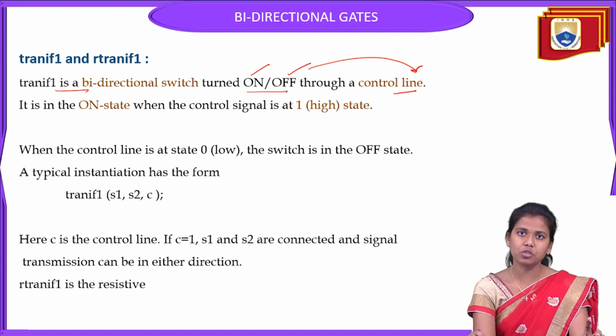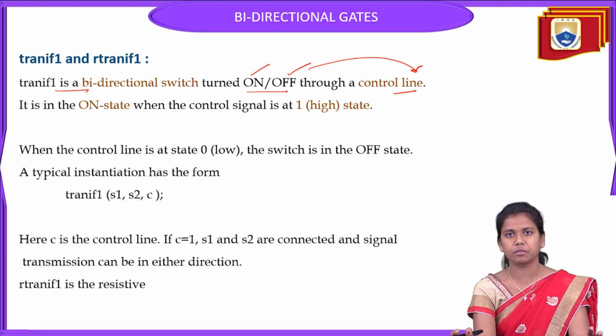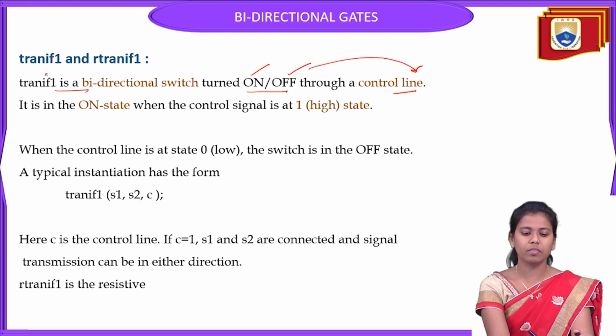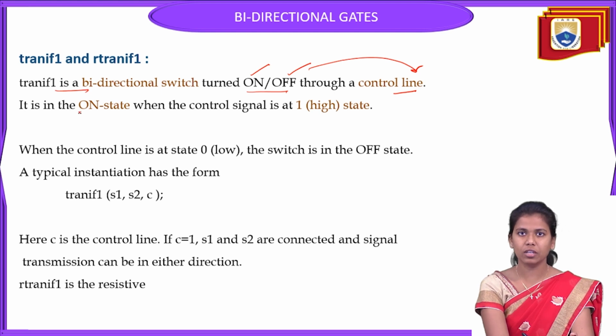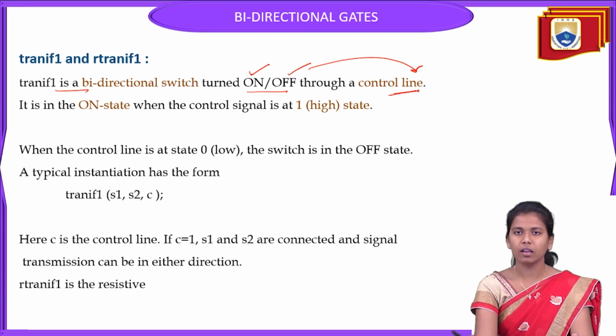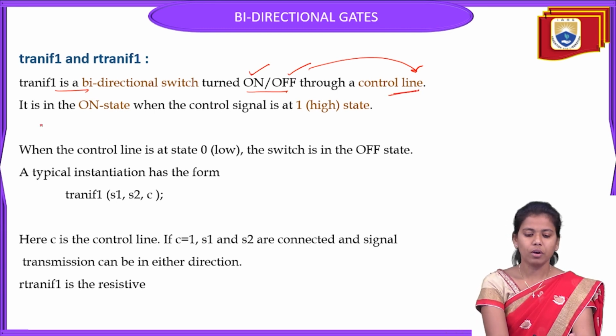In the basic PMOS and NMOS transistors too, the switching takes place based on the control lines. Likewise, Tranif1 and Tranif0 are bidirectional gates, and the switching between on and off is based on the control line. It is in the on state when the control signal is in the high state.